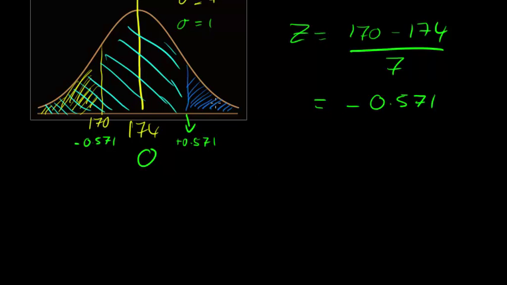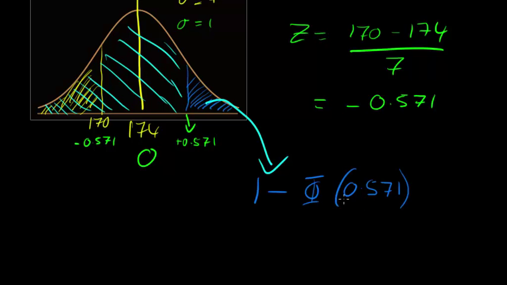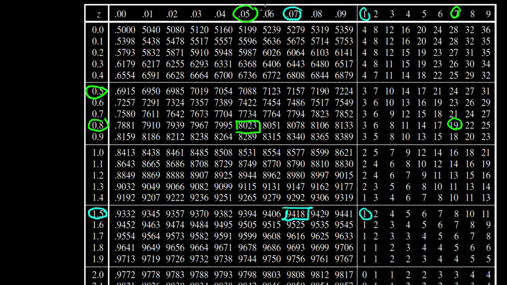So this area here should be, and I'll do it in the same blue colour, 1 minus phi of 0.571, and that should in theory give me the value that I'm looking for. So 0.571. I find where these two cross, and then I add on 3 to it, so that should be 0.7160.